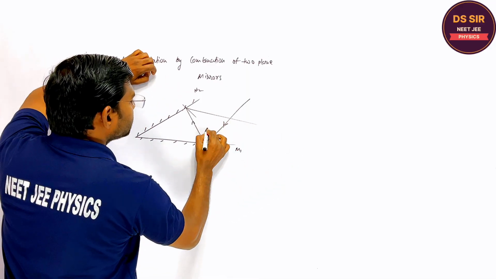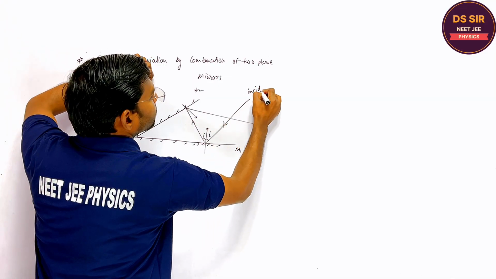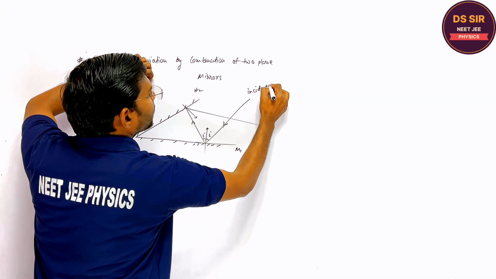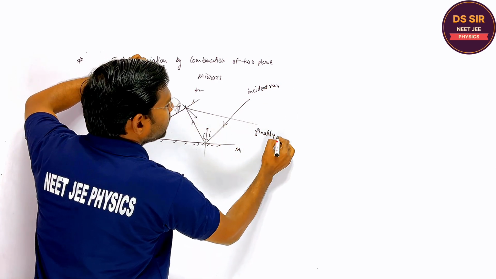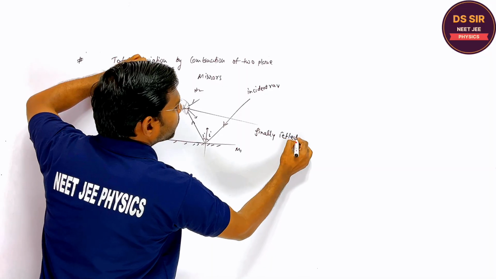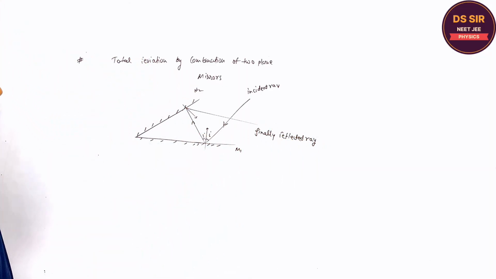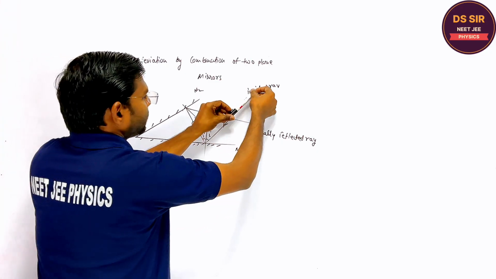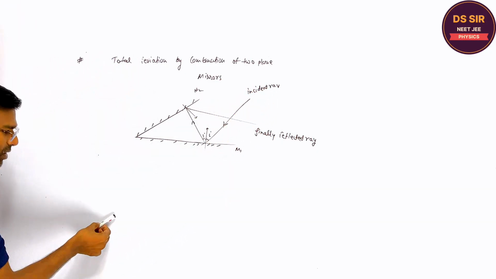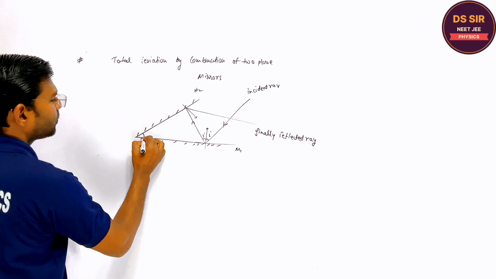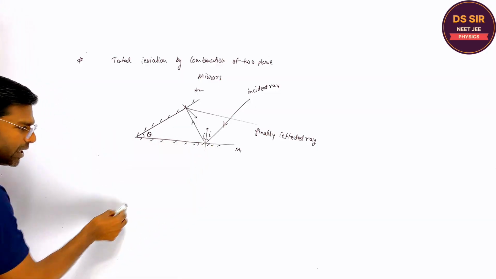Here this is the normal, here this is the normal. So this is the incident ray, and this is the finally reflected ray. So you have to find the total deviation. If this combination of mirrors, with angle theta between them, was not placed, the light ray should move in a straight line.